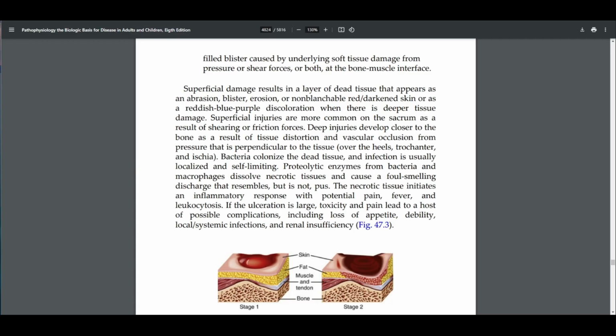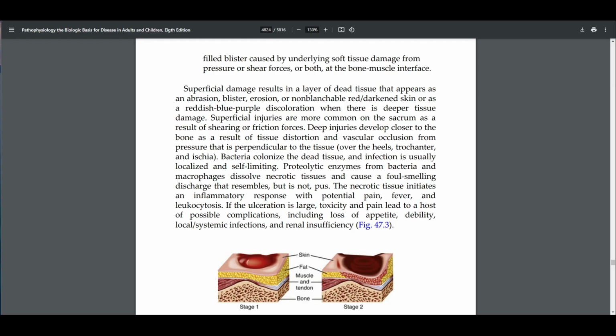Bacteria colonize the dead tissue, and infection is usually localized and self-limiting. Proteolytic enzymes from bacteria and macrophages dissolve necrotic tissue and cause a foul-smelling discharge that resembles but is not pus. The necrotic tissue initiates an inflammatory response with potential pain, fever, and leukocytosis.